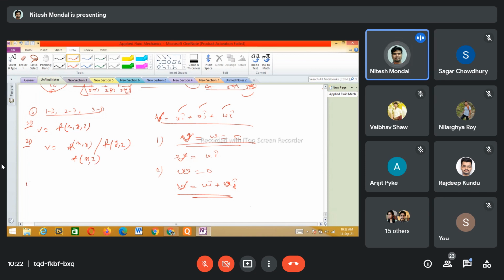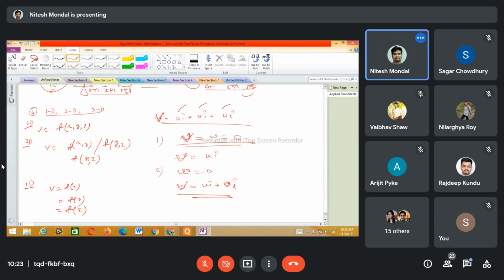What is 1D? 1D flow is when V is a function of maybe x, maybe y, or maybe z. Any one component, either u, v, or w, is present. If two are 0, there will be one component present. Then this is 1D.